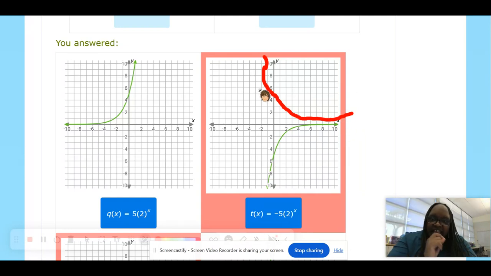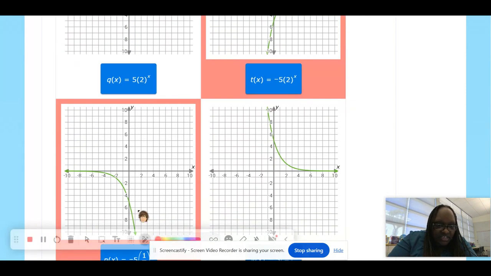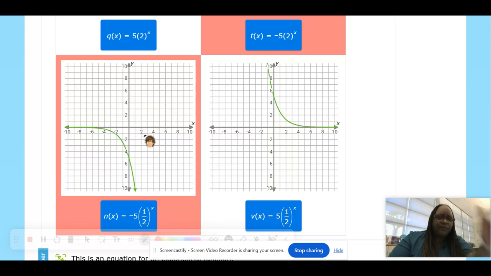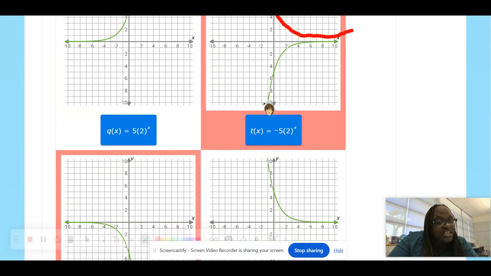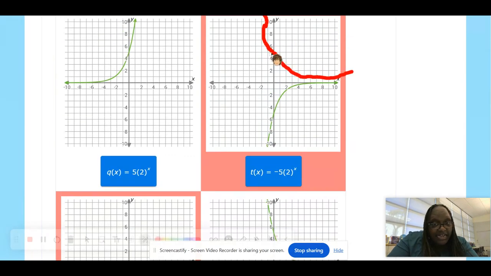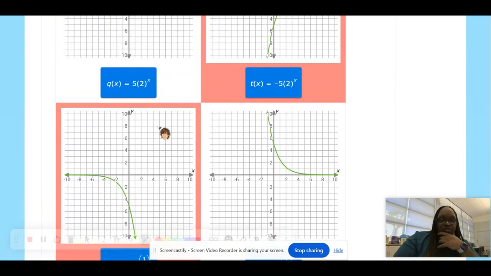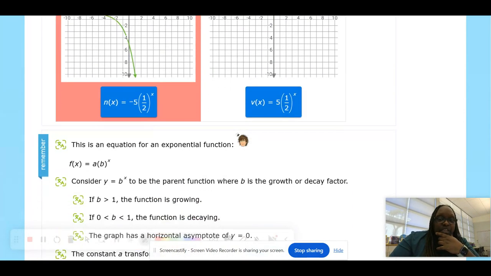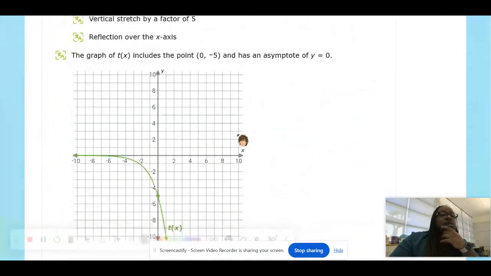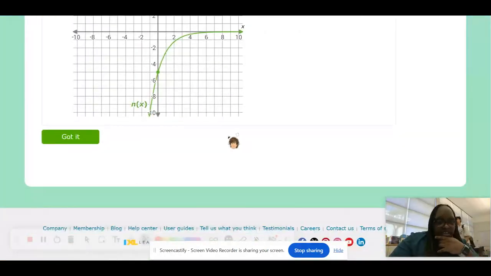It would, but without that -5, it would have been a decay. So what I should have done is flip these two. Because it should have been a decay, had it not been negative, then it would have had that 1/2. So I should have flipped these two. So I see my mistake. So we learn from our mistakes, then we move on to the next one.